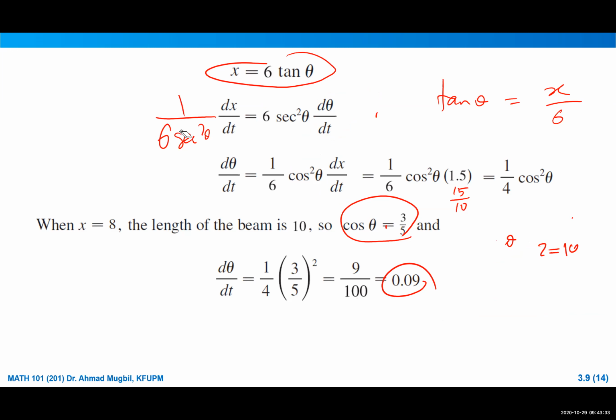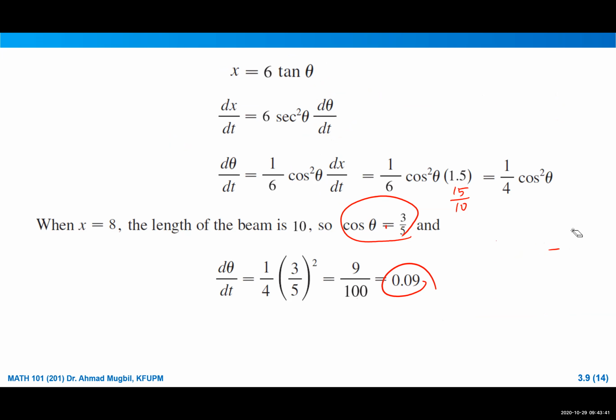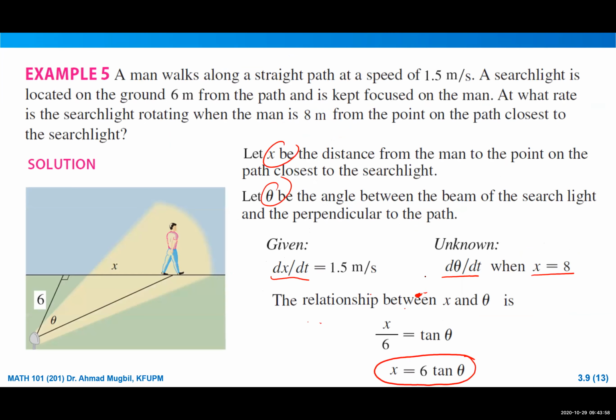Any question, guys? Let me make it clear for you if you have any question. Ready, guys, to solve any problem from this section? Sir, can you repeat the third step, which has cosine square, 1 over 6 cosine square? Divide. What is given for you now? You have dx dt.